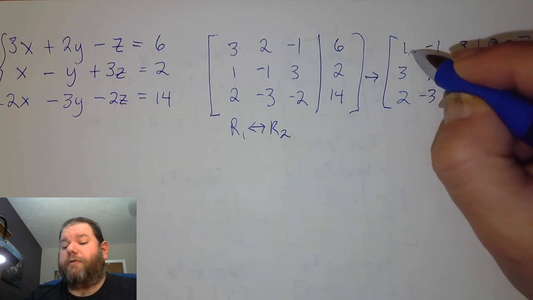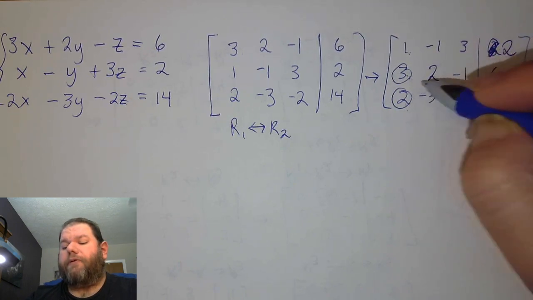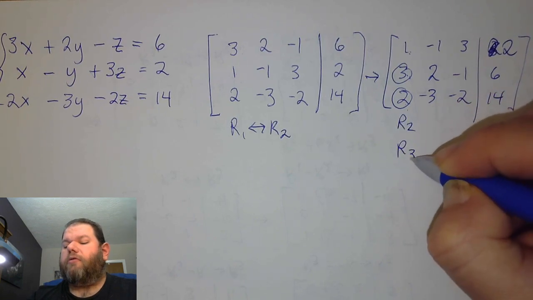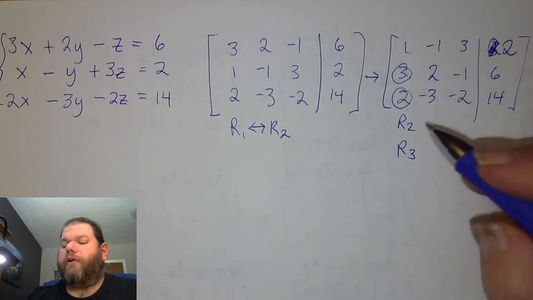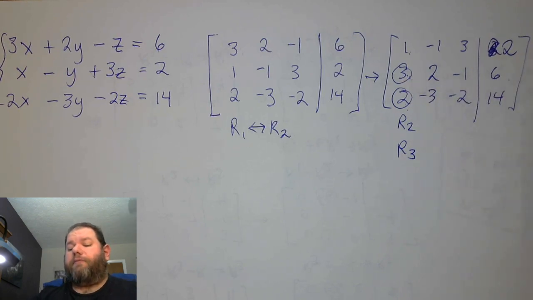We have a 1 here. Now we need to make both of these rows zeros. So how are we going to take row 2 and make that a 0 in that first position?